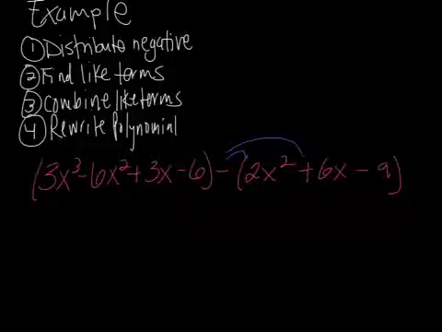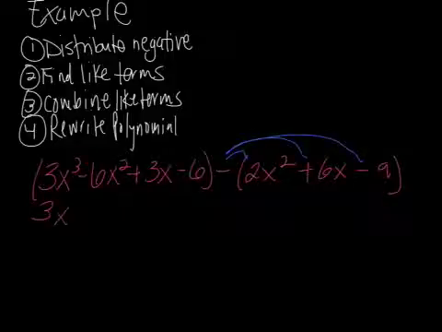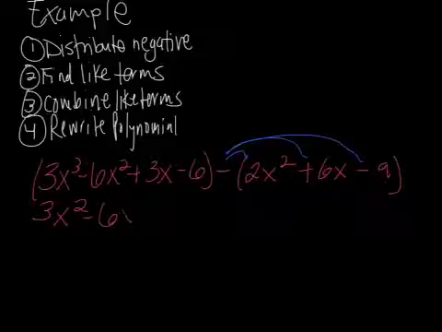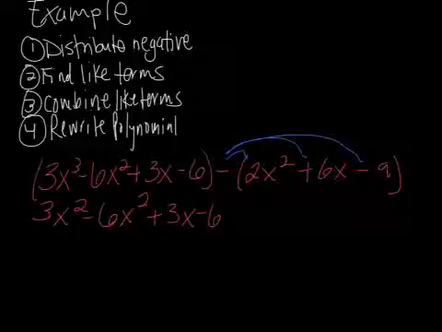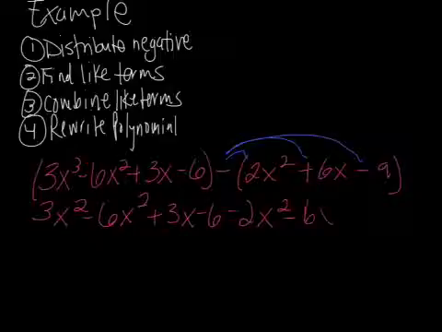So once again, we're going to distribute our negative to all 3 terms. I'll rewrite the equation. So we have 3x squared minus 6x squared plus 3x minus 6 minus 2x squared minus 6x. Negative times a negative turns us to a positive 9.